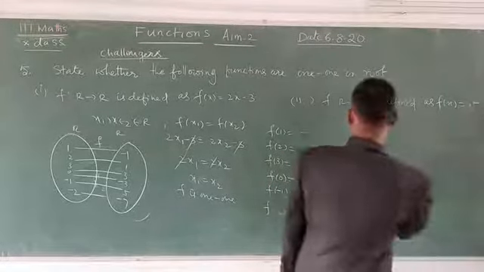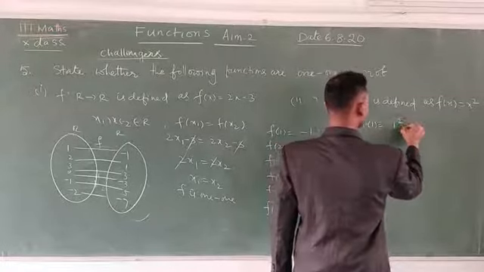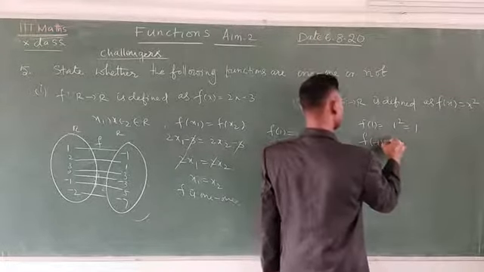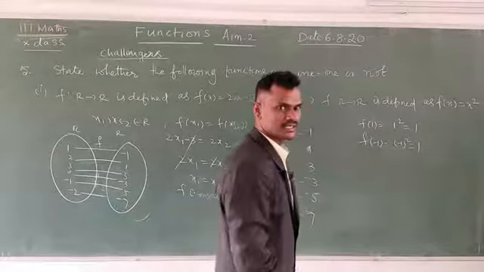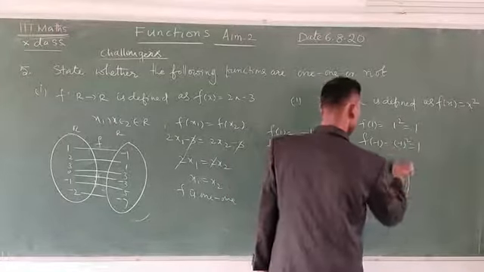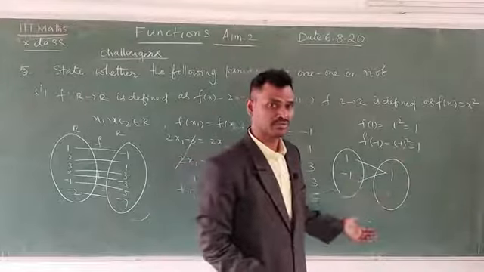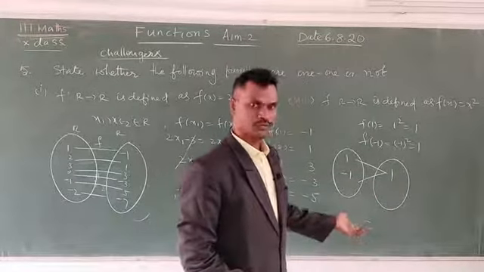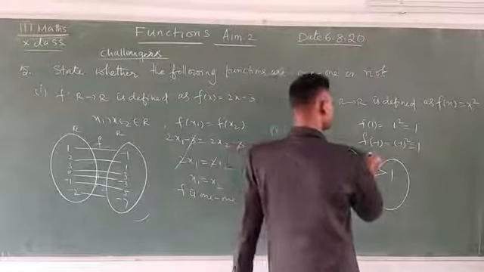How do we know that? f of 1, you can write 1 square is 1. f of minus 1, minus 1 square is also plus 1. Now clearly we know that this is not a one-one function. Why? Because 1 and minus 1 both have the same image, 1. You can take 2 and minus 2 also, it has 4. That's why this is not different elements having different images.